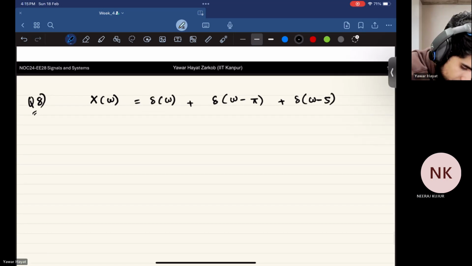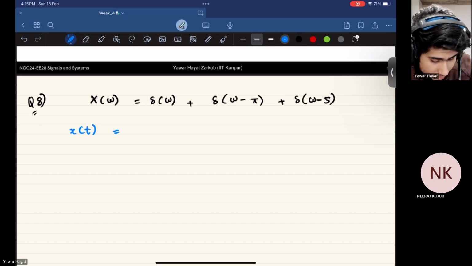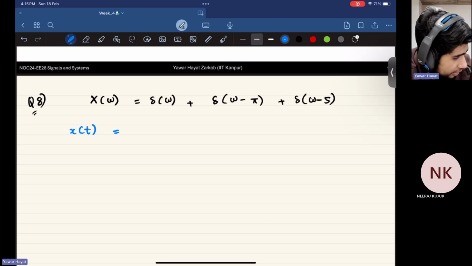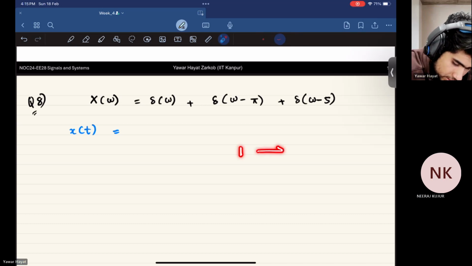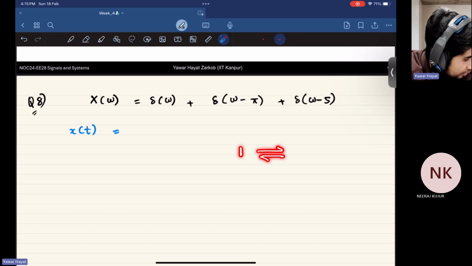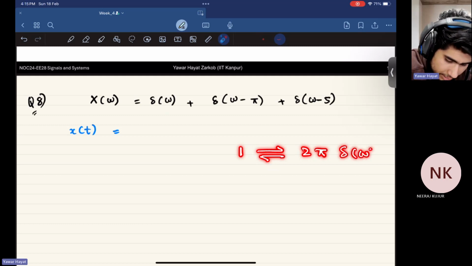Now, what about this x of t? What is the inverse Fourier transform of delta of omega? Let me help you out. What is the Fourier transform of 1? That is 2 pi delta of omega.